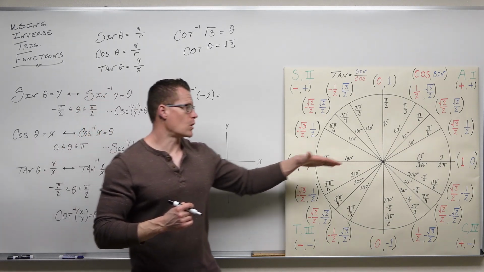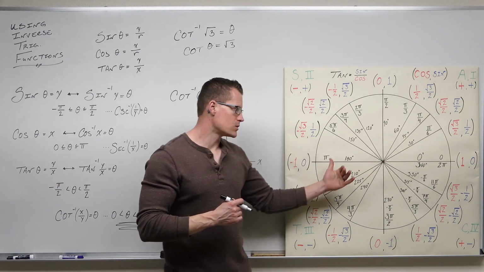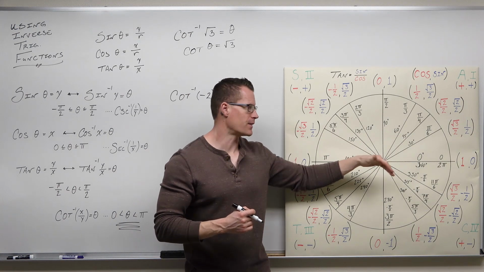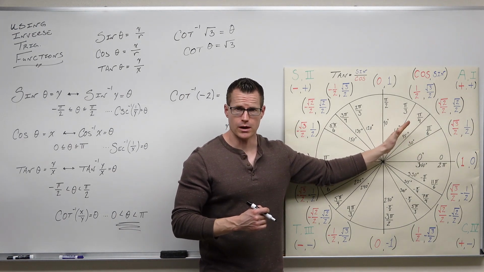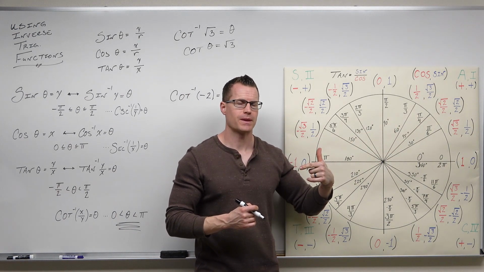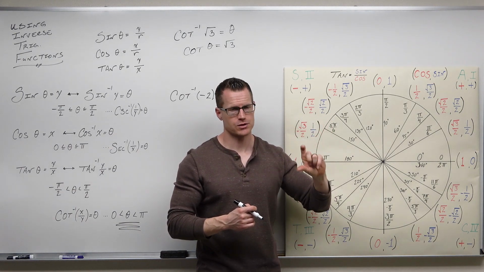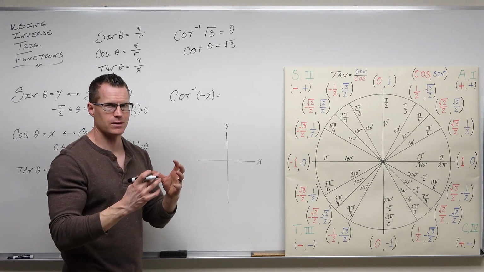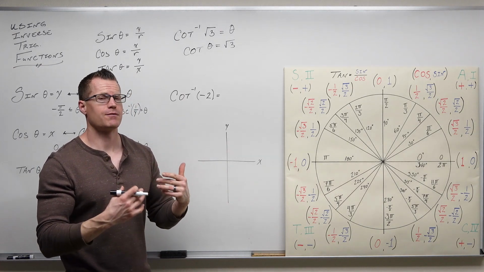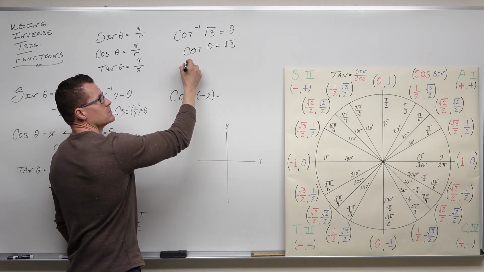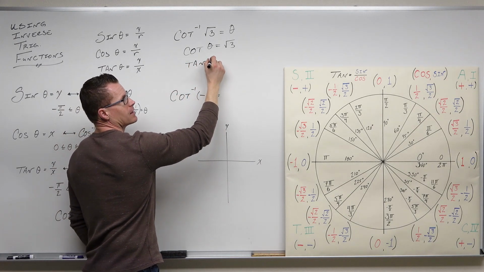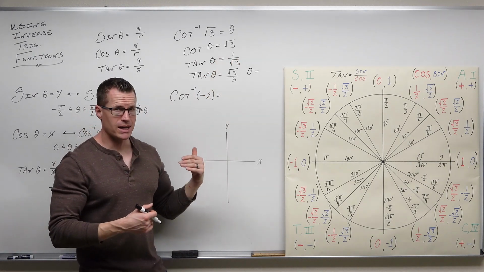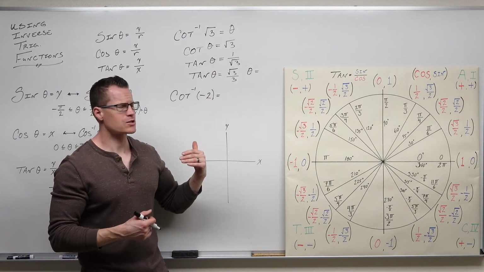Well, that's in quadrant number 1. So we're not going to use 3, because cotangent inverse, like tangent inverse, isn't defined there. It's just in quadrant number 1. And so we're thinking, what angle is going to give me an x over y of square root of 3? If that's difficult, if you have this in quadrant 1, then you can say tangent of theta would be 1 over the square root of 3, and we could write tangent theta equals square root of 3 over 3 if we rationalize.